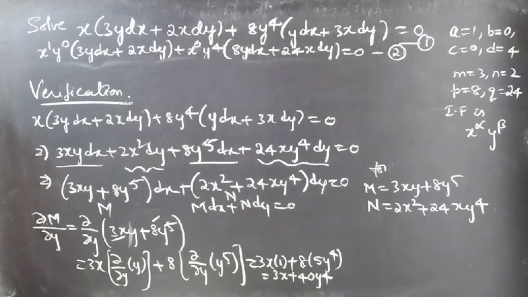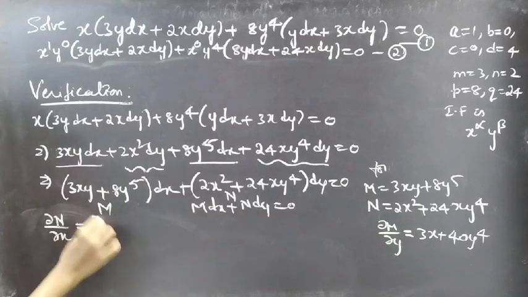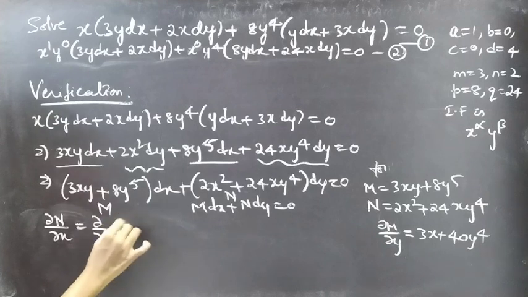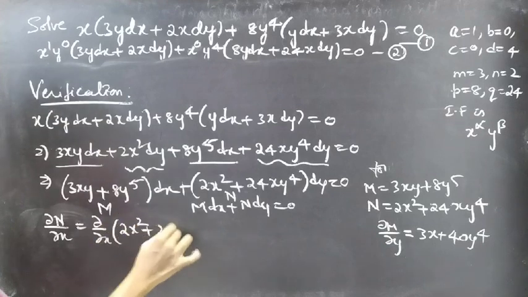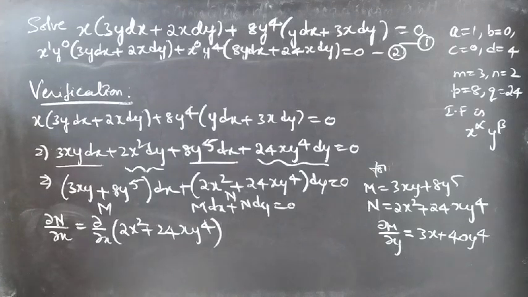Let's now find the partial derivative of N with respect to x. For N equal to 2x square plus 24xy power 4, since we need to find the partial derivative with respect to x, y is treated as constant. In the first term 2 is constant, and in the second term 24y power 4 is constant, right?